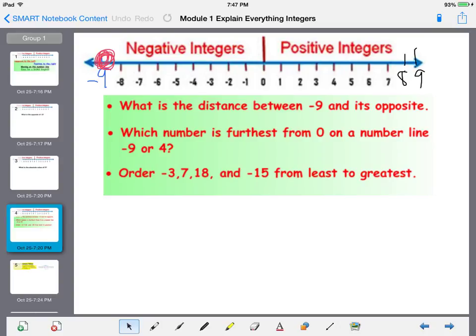And so you'd have to count all the total units from -9, 1, 2, 3, 4, 5, 6, 7, 8, 9 units to 0. But then you can't forget they want you to go over to its opposite. So there's another 1, 2, 3, 4, 5, 6, 7, 8, 9. So the distance between -9 and its opposite would be a total of 18 units.